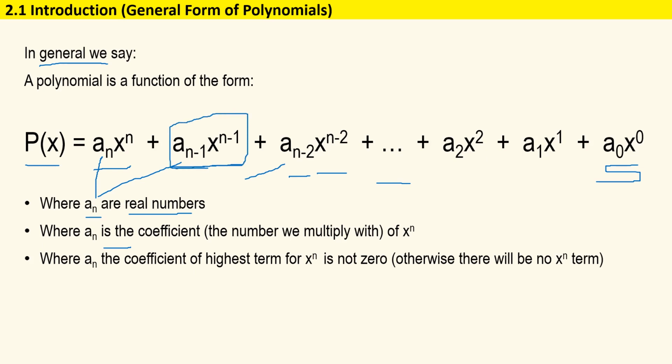In this term, an minus 1 is the coefficient, and the variable has x raised to power n minus 1 as its power. And an, which is the coefficient of the highest term, x raised to power n in this polynomial, cannot be equal to 0, because if this coefficient were to be 0, then there will be no term in x raised to power n.